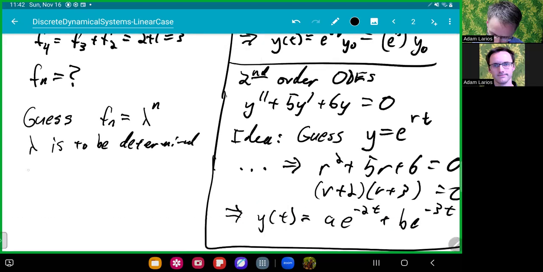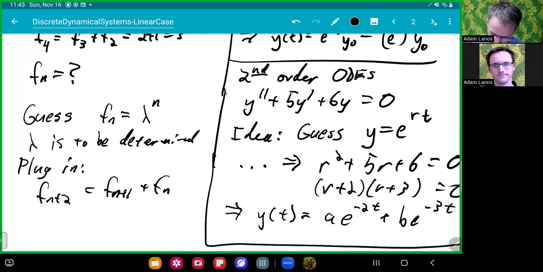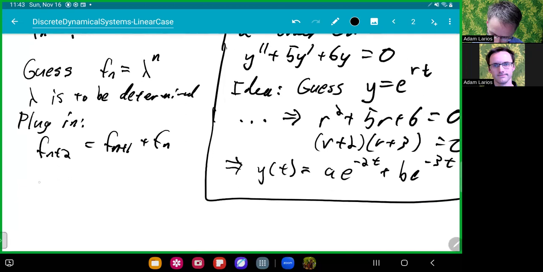And if we just plug this guess in, well, let's see, let's write it again, Fn plus 2 is equal to Fn plus 1 plus Fn. So if we plug in our guess, this is lambda to the power n plus 2 is equal to lambda to the power n plus 1 plus lambda to the n, just plugging that in directly.